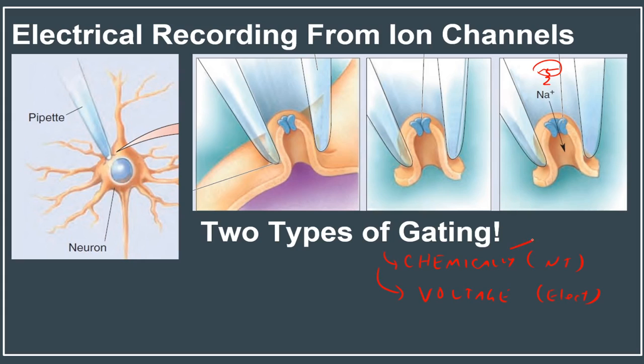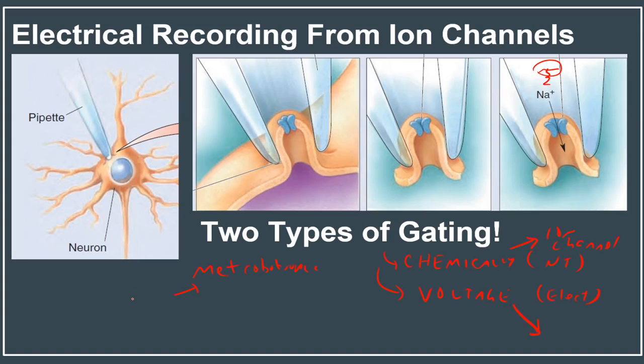Some of them are gated chemically, some of them are gated by voltage. And this is confusing, because don't confuse a chemically gated ion channel, these are all ion channels, with a metabotropic receptor. With metabotropic receptors, neurotransmitters activate them, but it's not gating, because you're not opening an ion channel gate.